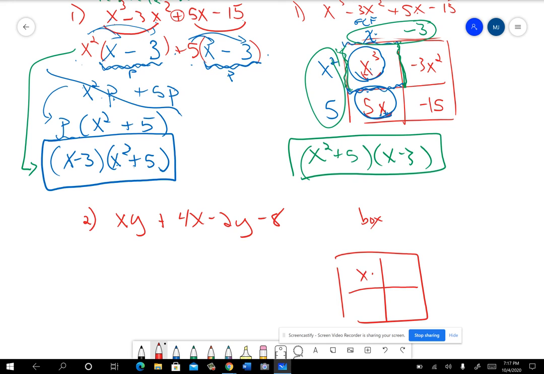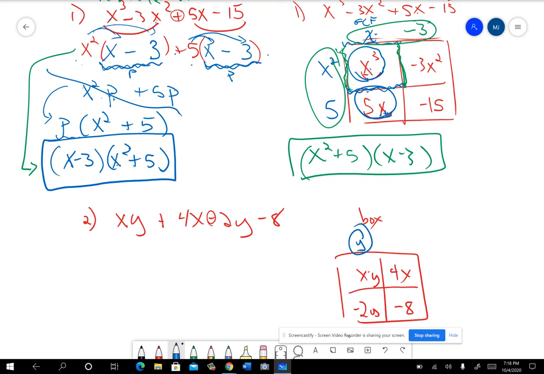Because the xy, the 4x, the negative 2y, make sure you keep the sign that's in front of it, and the negative 8. Those are all the areas of the individual rooms, okay? So now we look and we say to ourselves, okay, what's the greatest common factor? What's the biggest thing common to both xy and negative 2y? And do you see that it's y?